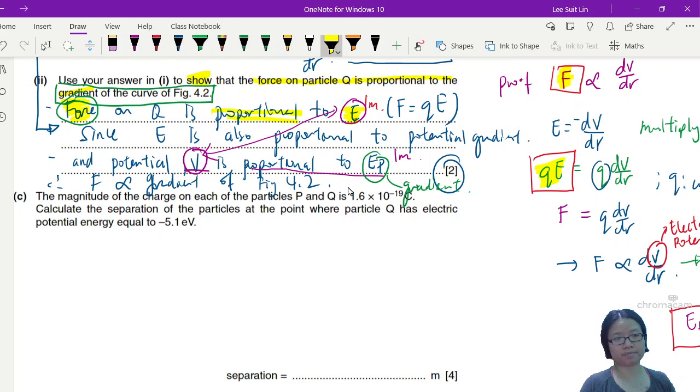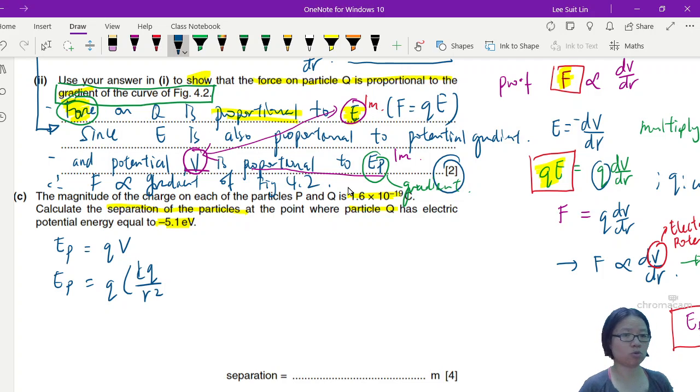Second part, the magnitude of the charge on each of the particles P and Q is this much. Okay, calculate the separation of the particles at the point where Q has an electric potential energy of negative 5.1 eV. So this is a bonus question, I think maybe because it tortured you up there already. Recall that potential energy is QV, alright, and you will also know that to find electric potential, you can use KQ over R square. Wait, no square, my bad.